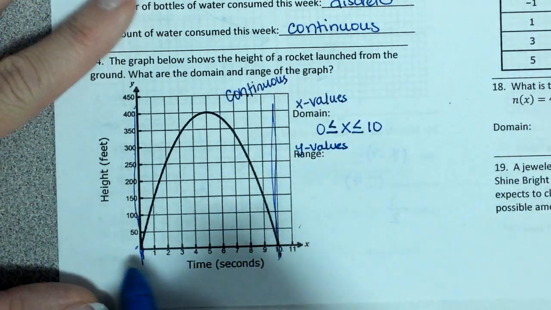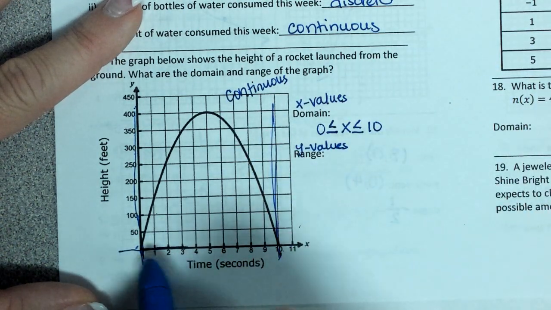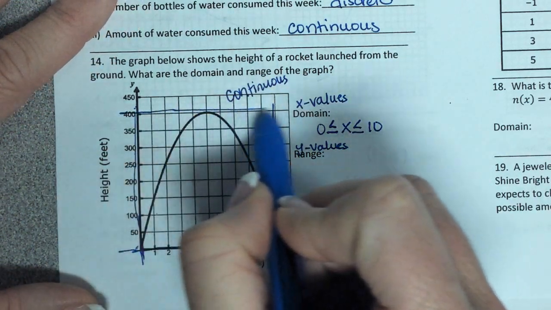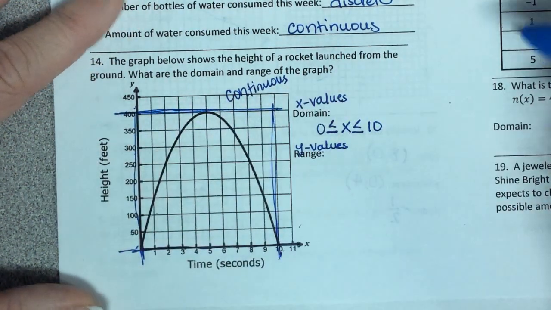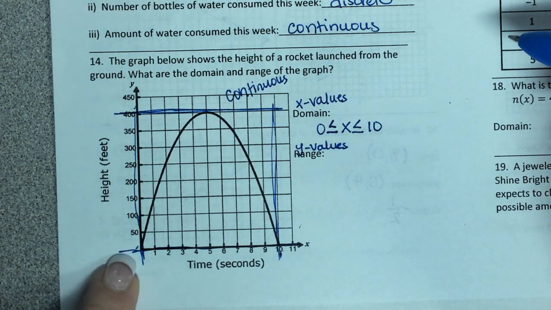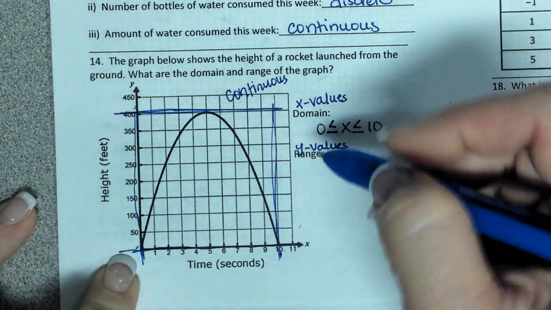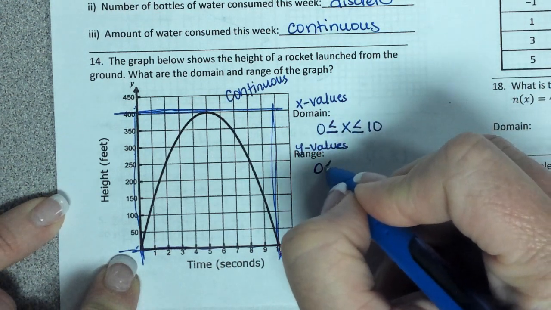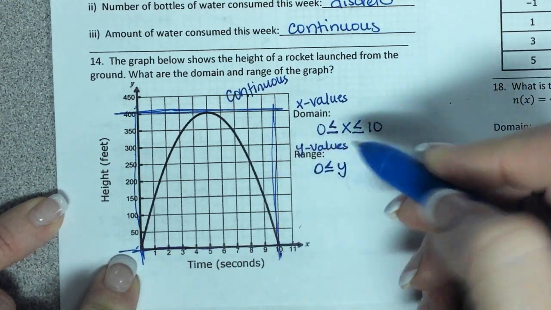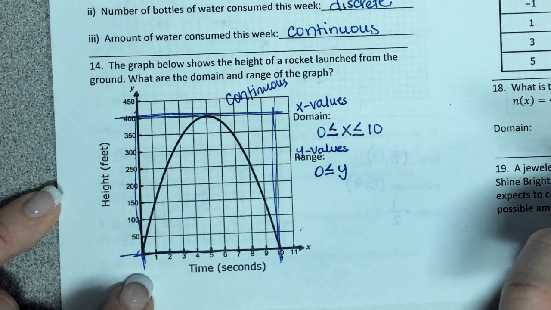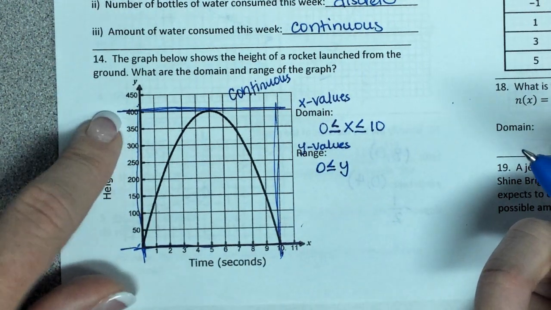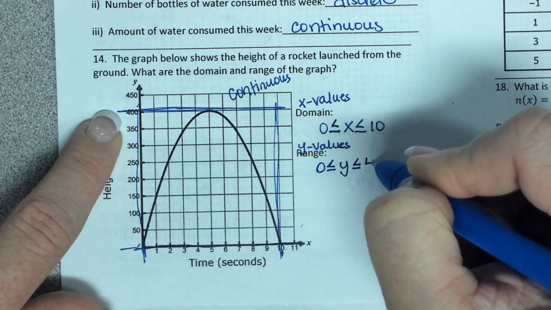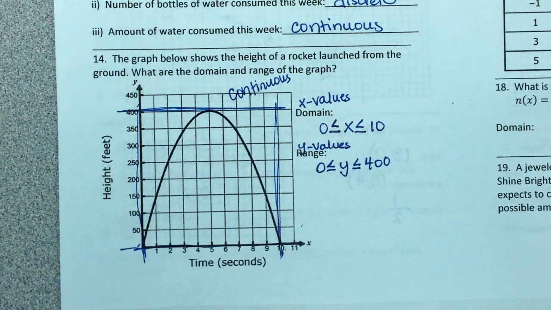We're looking to see how far down our graph is going and how high up it's going. Okay, so I can see that the smallest y value that I have is 0. So I'm going to say 0 is less than or equal to y, and it's equal to, again, because there are no open circles. And then it's going all the way to 400, so then it's going to be less than or equal to 400.